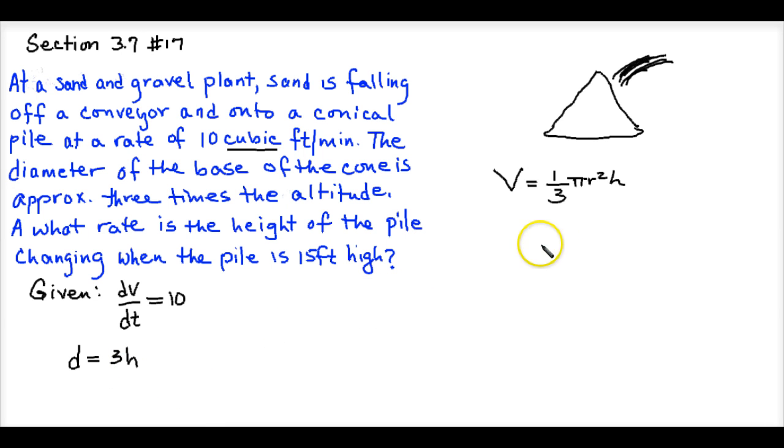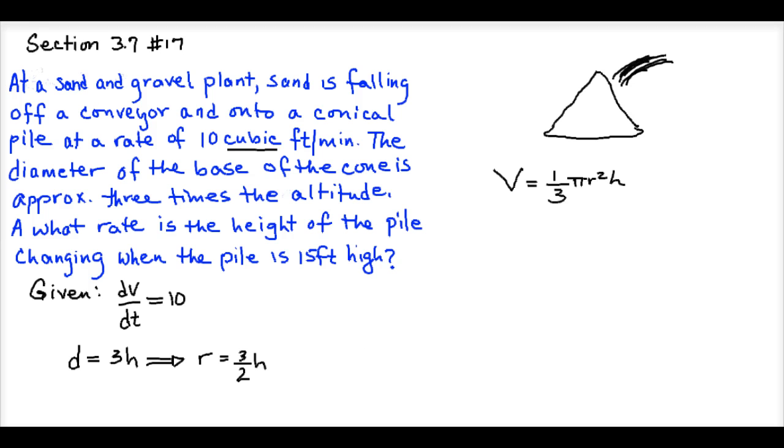Now, notice in our formula we don't have D, we don't have the diameter, we have the radius. Well, I know that the radius is half of the diameter, so the radius is half of 3h. So our radius would be 3 over 2 times h.